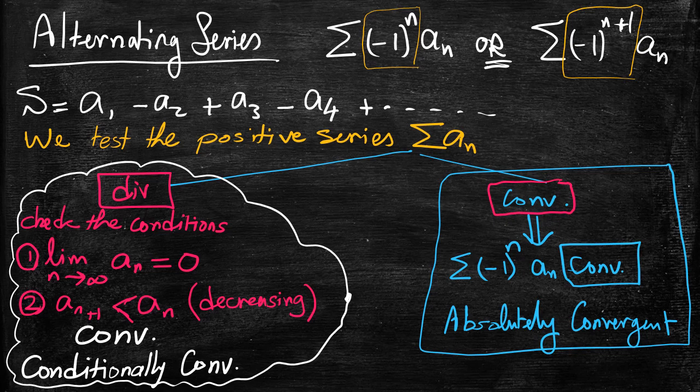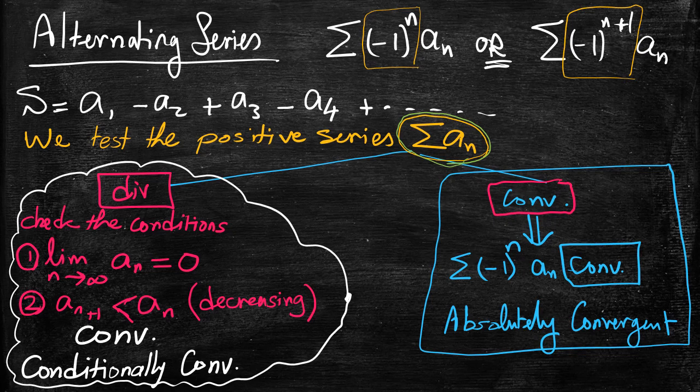Here is a hint: if we know something about the positive, or absolute value, series, then we can use it. If we have some information about sigma an, which we already tested before, then the new one will be very easy. So first we need to test sigma an. If this sigma an, with all positive terms, is convergent, it means that the sum of all terms gives us some value.